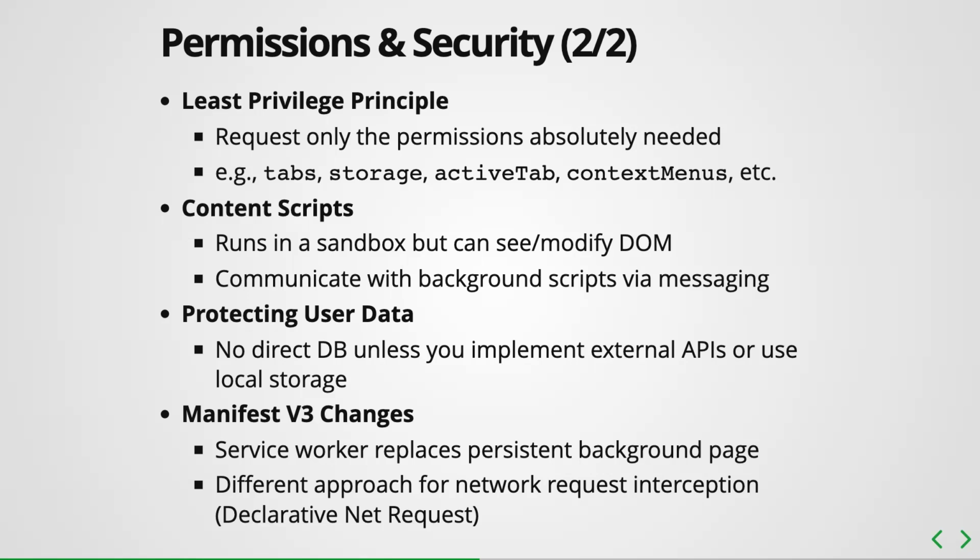And then the other thing that I already mentioned, but I'm going to mention again because repetition is the basis of pedagogy, is that there has been a recent change in the framework, and it's called Manifest v3. So as you're Googling stuff, a lot of what you're going to find is going to be for Manifest v2.